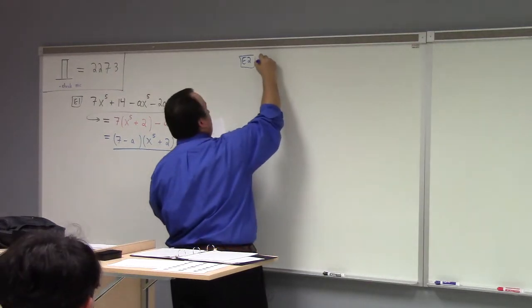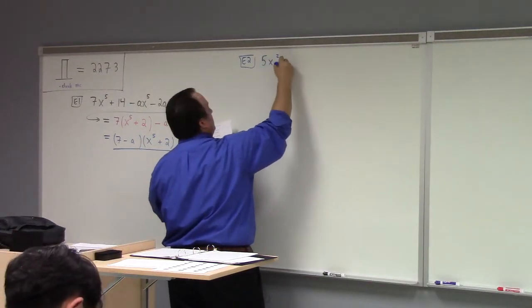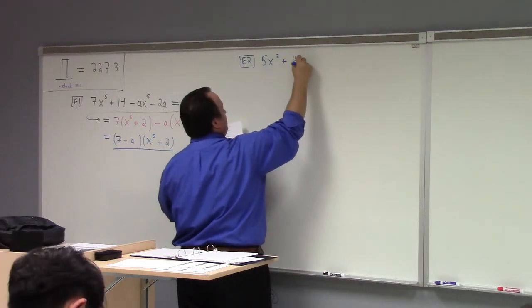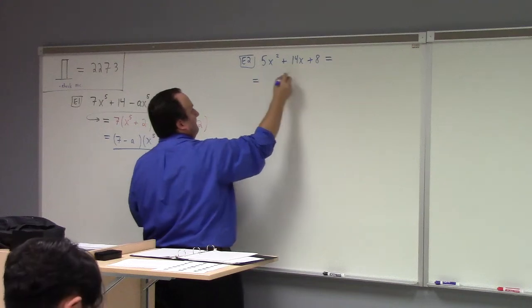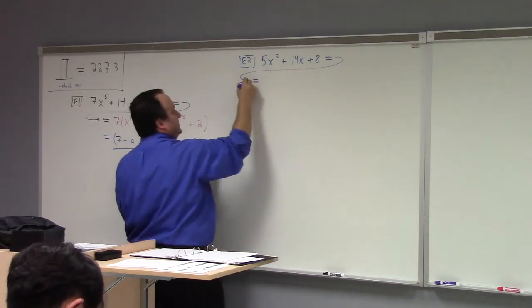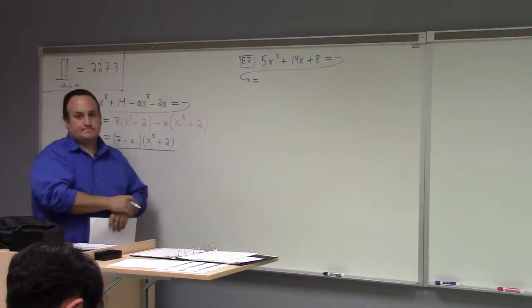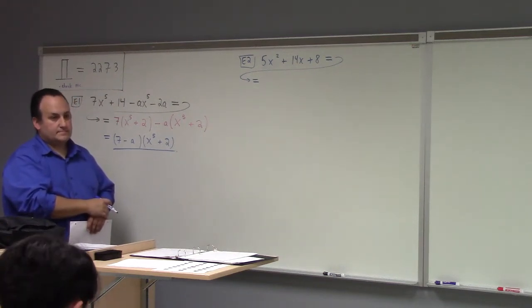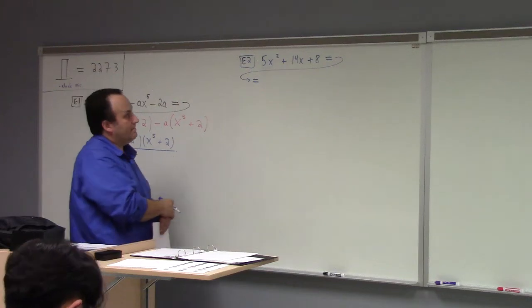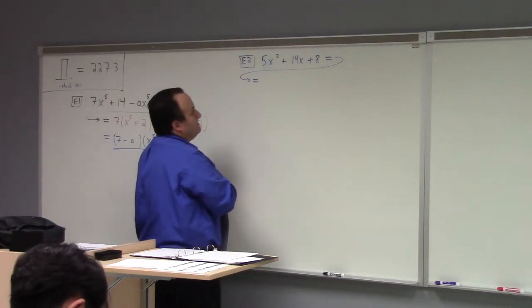So here's another one. 5x squared plus 14x plus 8. All right. Can we factor this? Wouldn't you multiply 5 times 8 and then see what number you multiply?